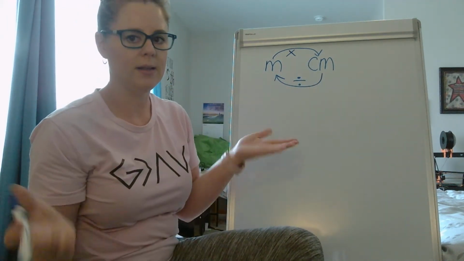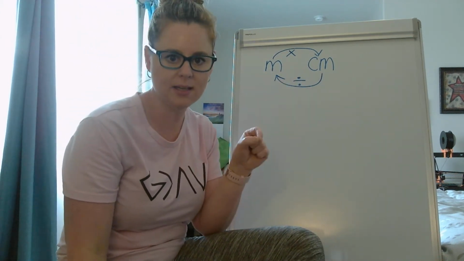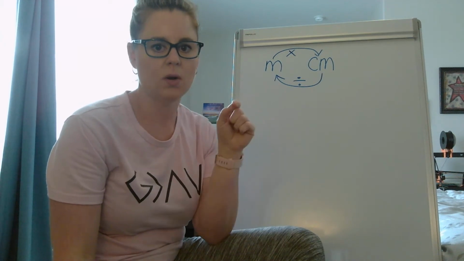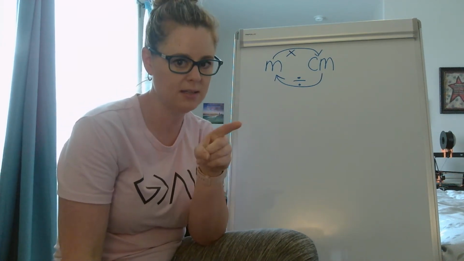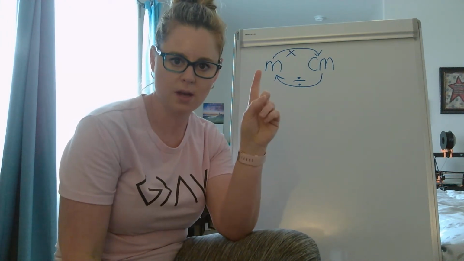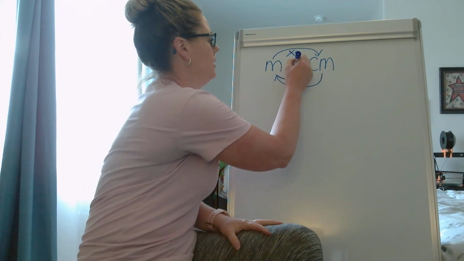Okay, and then we go, well, by how much? So meter, centa. Remember that centa, like century or a cent, you need 100 cents to equal $1. So 100 is centa.